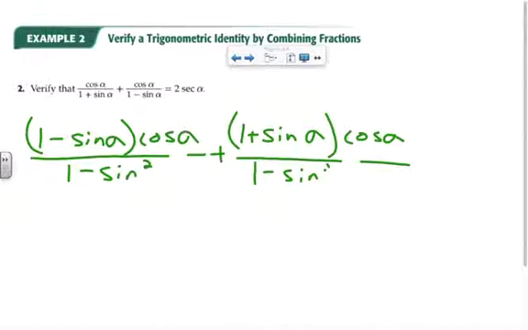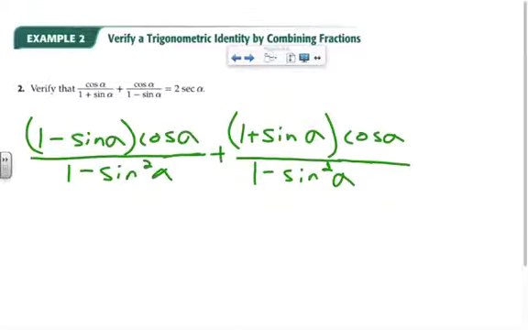I don't want to do that. And I'm going to distribute in those numerators because things are going to cancel out nicely for me.